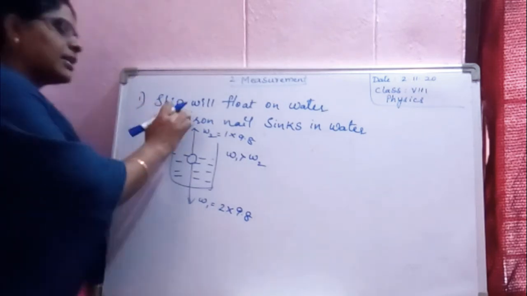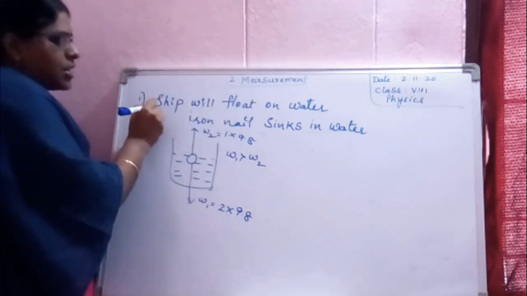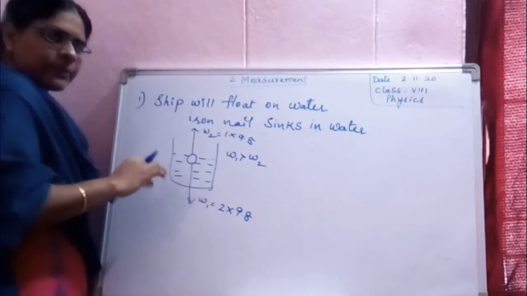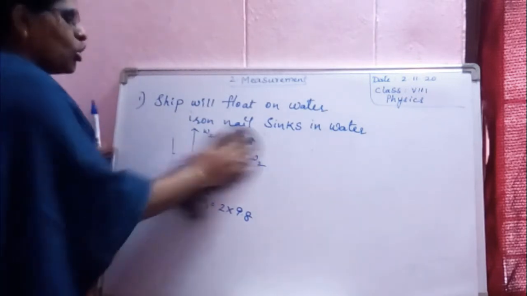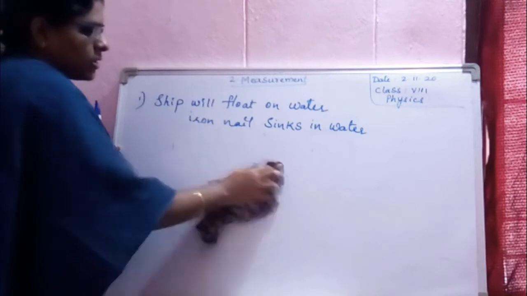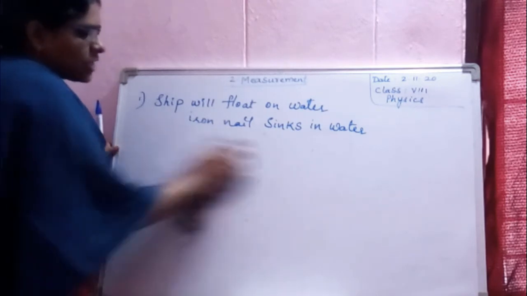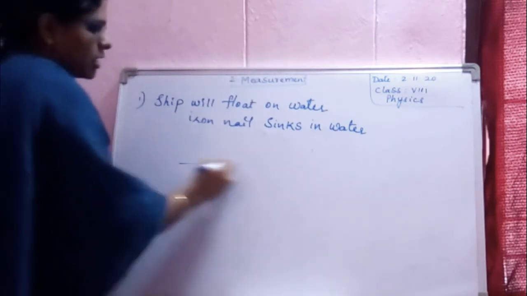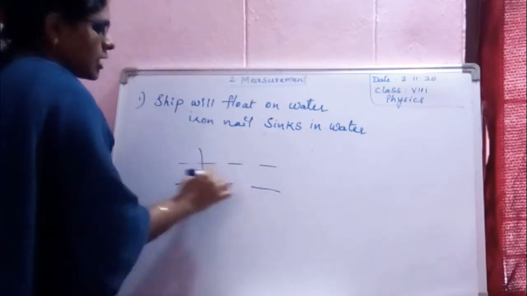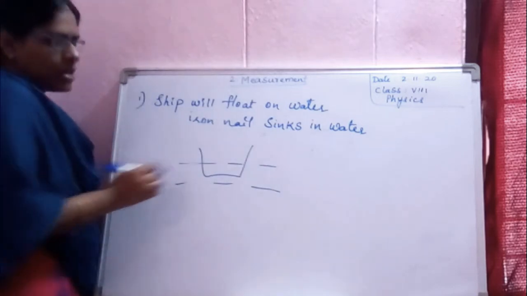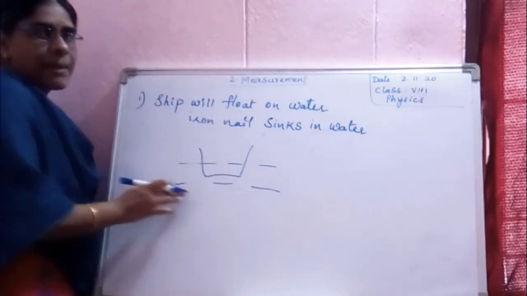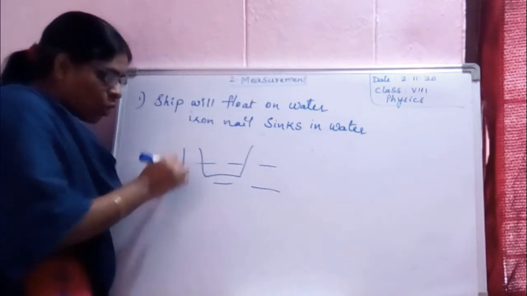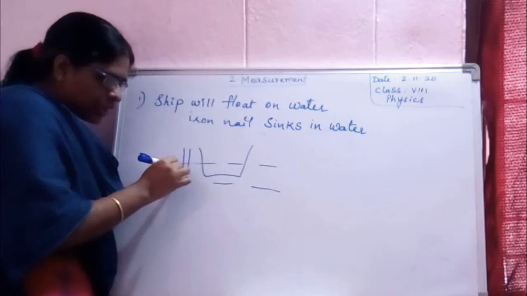Here, let us see our example. Why does ship float on water? When you look at the ship, is there a base for the ship? Yes? Okay. There is some water, there is a ship. Now the base of the ship is more when compared to your nail.